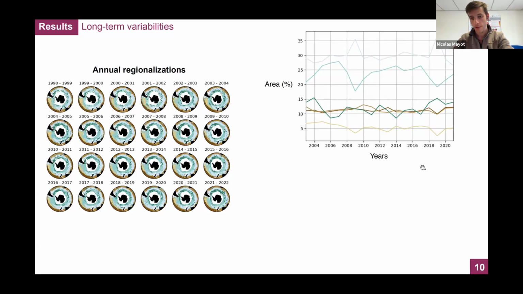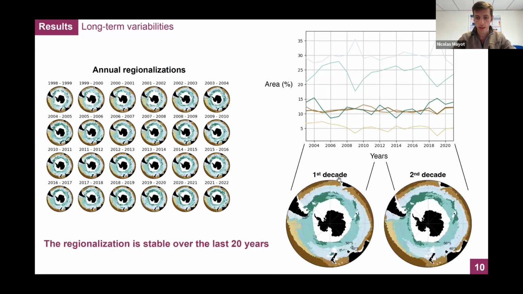And to confirm this, what I have done here is that I have done the average of all the maps for the first decade versus the average map for the second decade. So we can compare a decadal variation of the map. And when you compare these two maps here for the first and second decade, you cannot really see a clear difference.